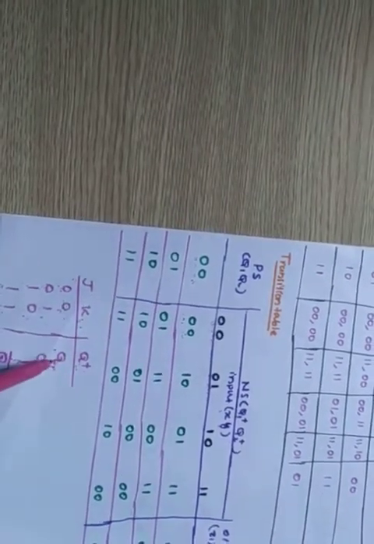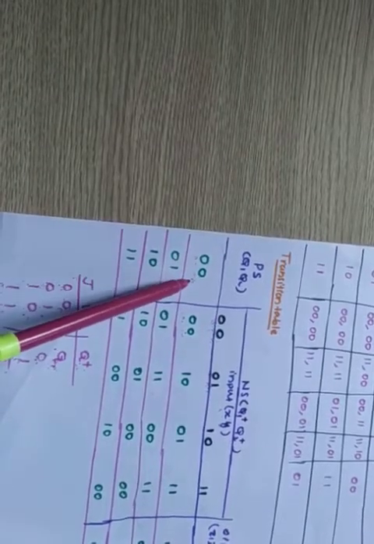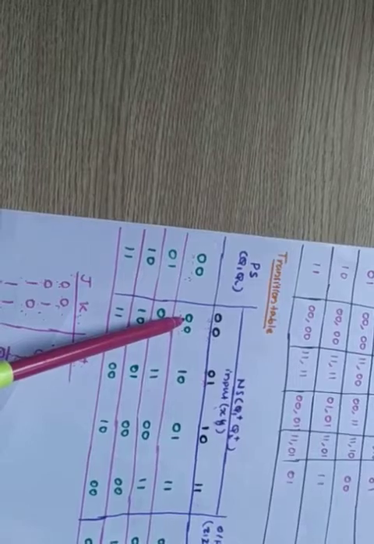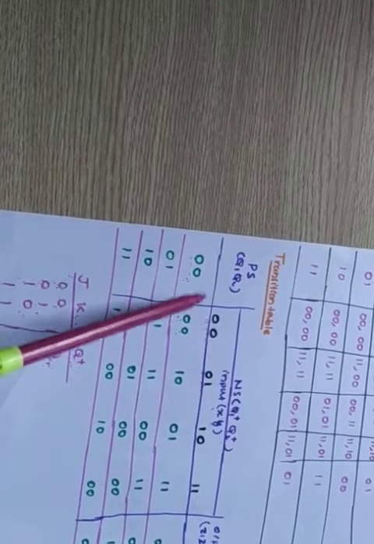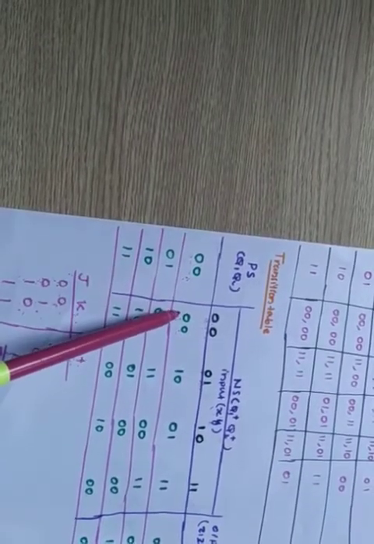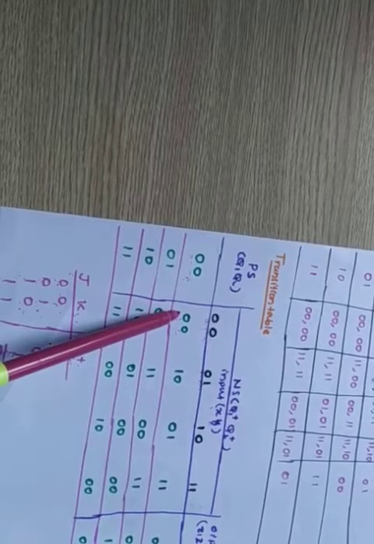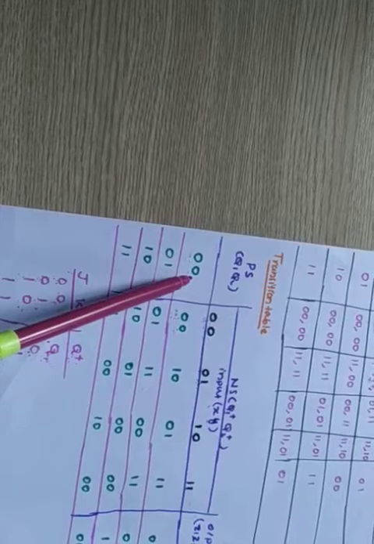Here Q is the present state. What is the present state here? 0, 0. So we can write Q1 as 0. Because the present state is 0, that present state itself is the next state. Why? Because JK has 0, 0 input. So Q2 also stays at the present state, 0. So 0 is the next state.